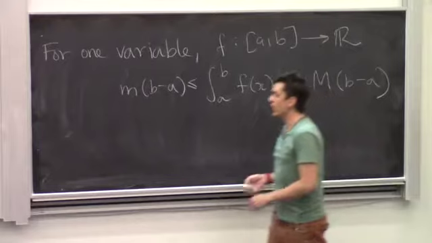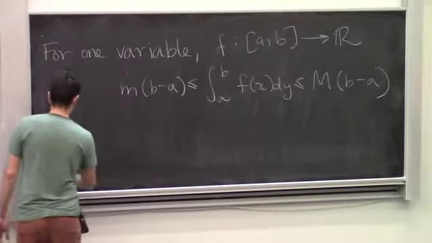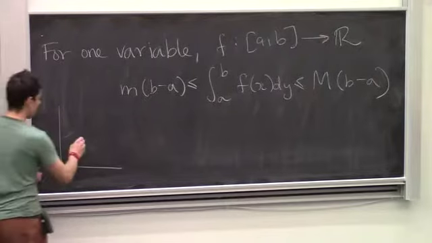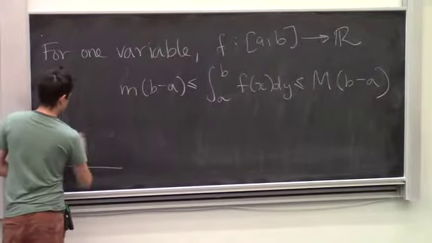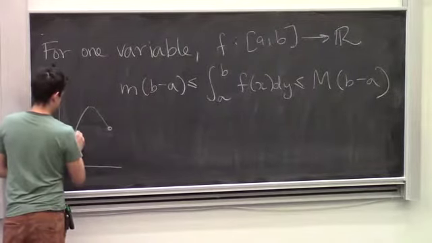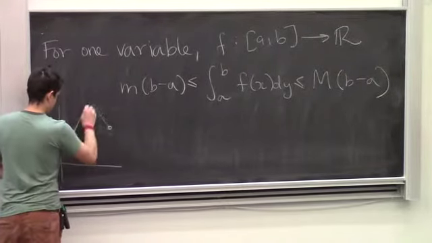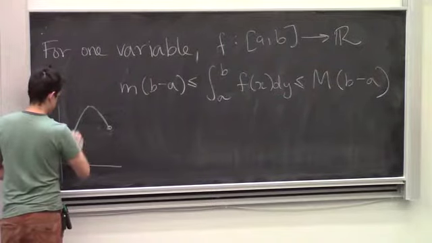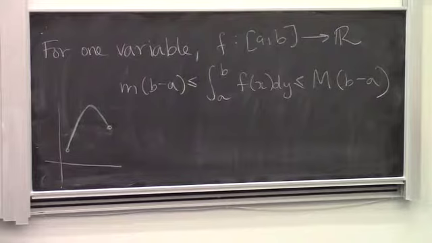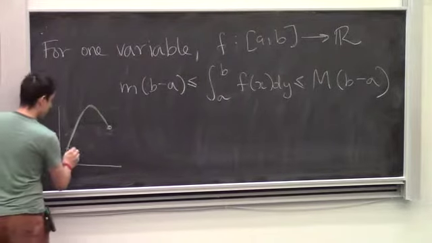What would that look like graphically? We'd have some curve here, like this. And the minimum of this curve would happen here.